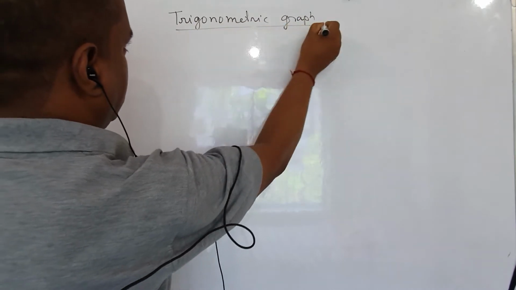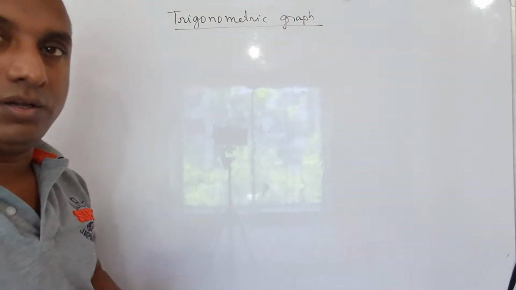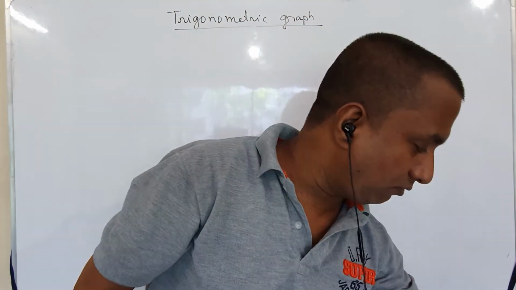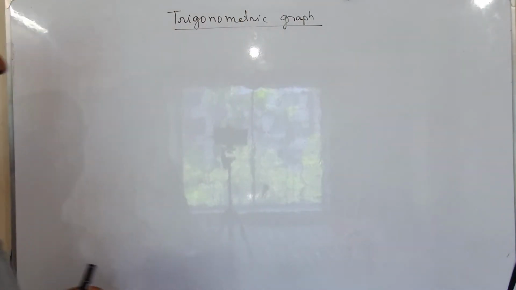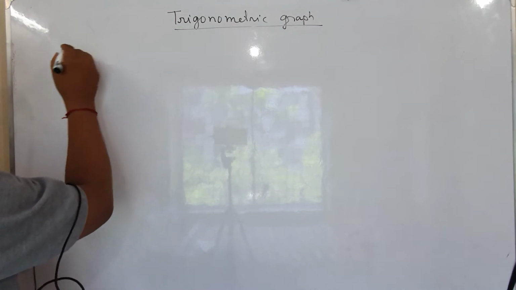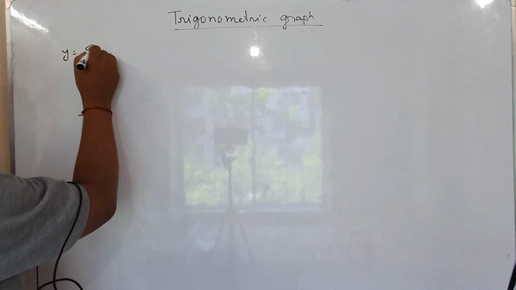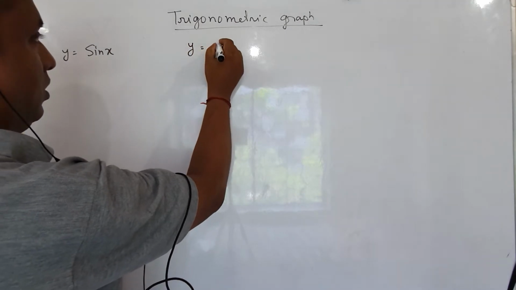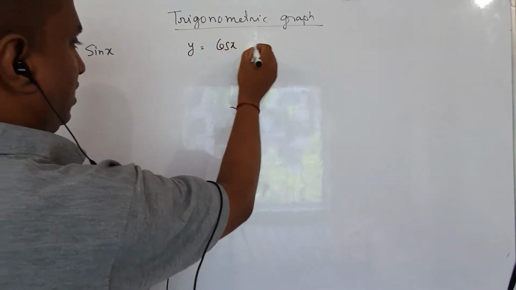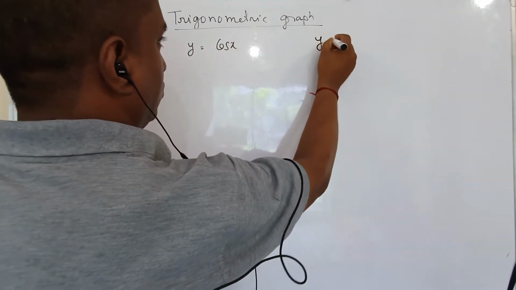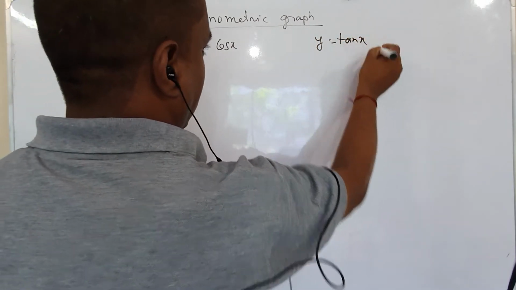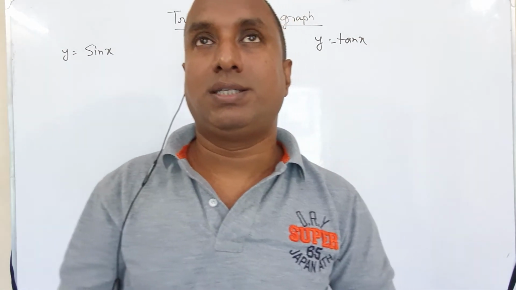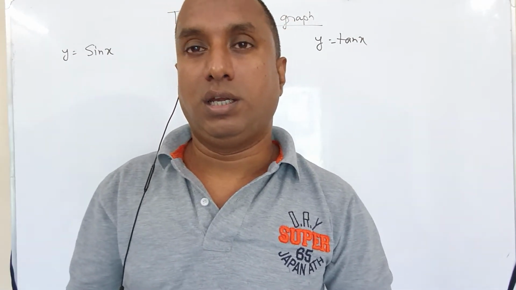How to sketch this? Okay, how can we sketch this trigonometric graph? What about the y equals sine x graph? What about the y equals cos x graph? And what about the y equals tan x graph? Okay, I'm going to explain how to sketch all these graphs.